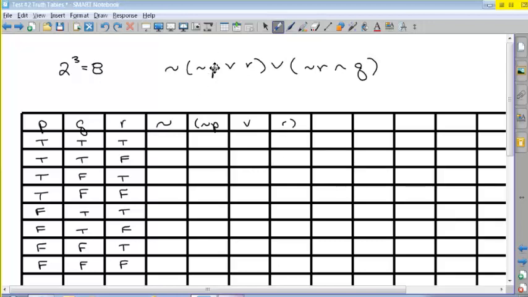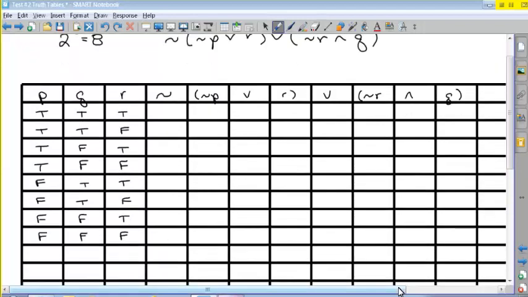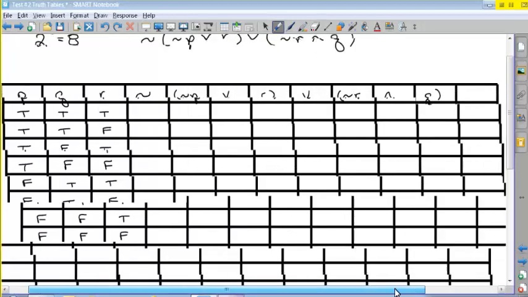The parenthesis always gets stuck in, and if the negation is right next to the letter, that also gets grouped in. Okay, so next we have an OR. This parenthesis, the negation, and R all go in the same column. Then we have the AND statement, and then we have the Q and the parentheses. So again, you notice I didn't have to use all the rows or all the columns. I just use the ones that I need to use.